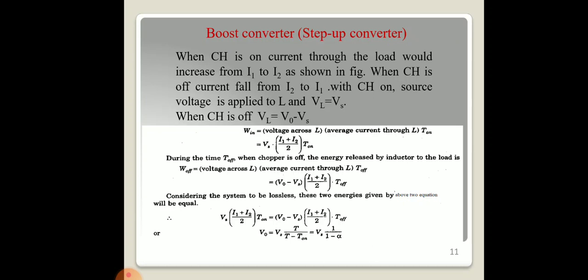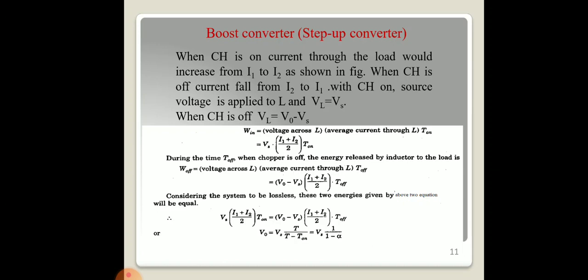When the switch is off, the inductor voltage is equal to V0 minus Vs. So the energy stored in the inductor during T on time is Vs times (I1 plus I2) divided by 2 times T on, and the energy released during the T off time is (V0 minus Vs) times (I1 plus I2) divided by 2 times T off, because during T off time the voltage across the inductor is V0 minus Vs.